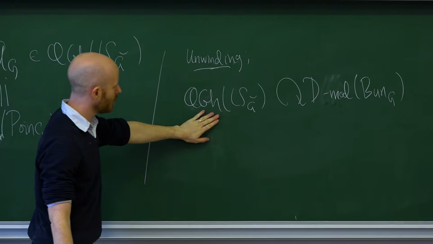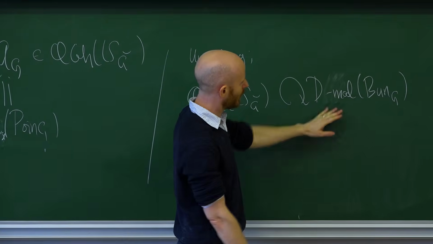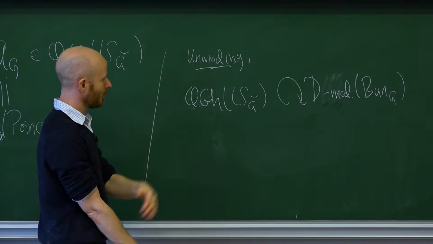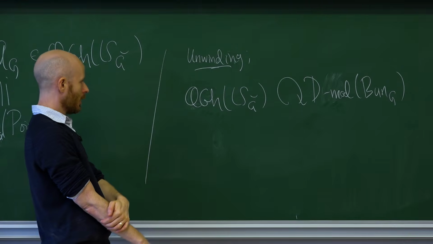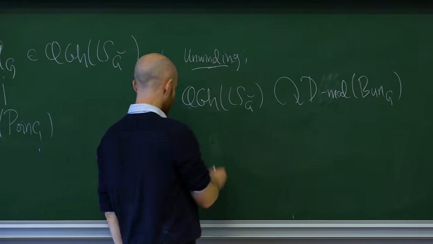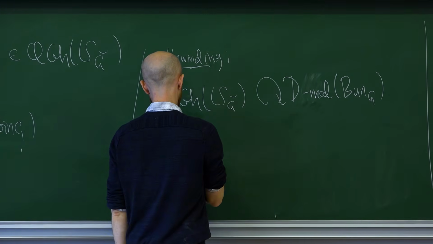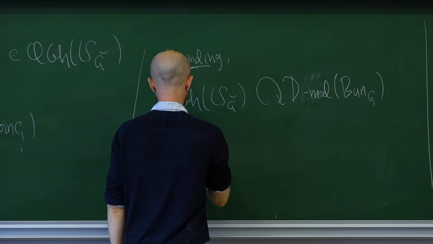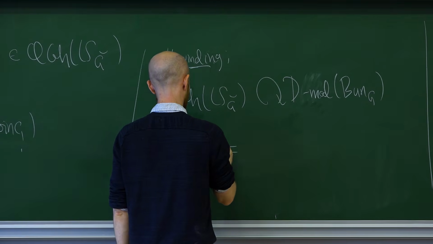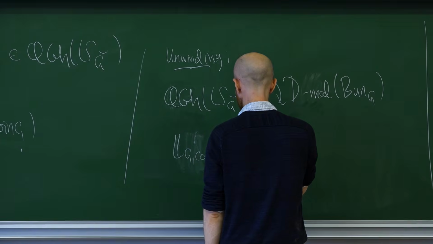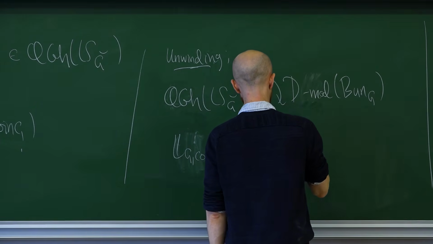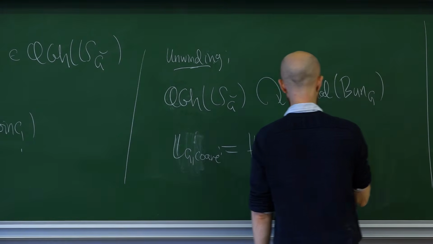Whenever you have a monoidal category and a module category, assuming certain representability, which is always true here by the adjoint functor theorem, this category becomes enriched over this category. And so I can form the internal endomorphisms. Basically this L_G-course was more or less designed to be the internal endomorphisms from the Poincaré sheaf.